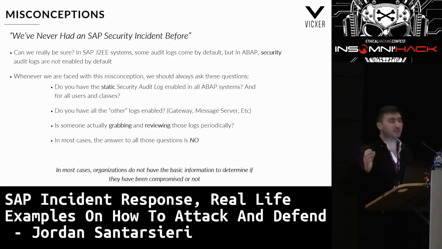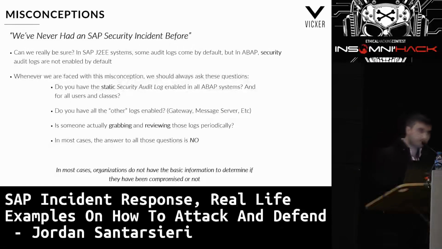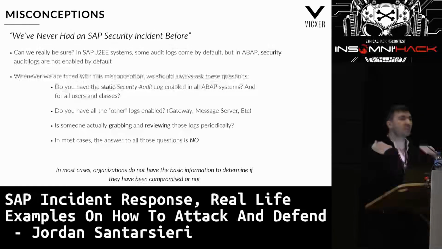But let's be kind here. Let's pretend that everything is fine, and let's assume that the answer is yes, because they have it. Then, as I mentioned before, SAP NetWeaver is service-oriented, and each one of those services might have its own set of logs. For example, the gateway is a very common component that attackers choose to attack.